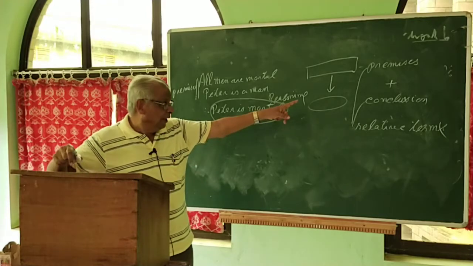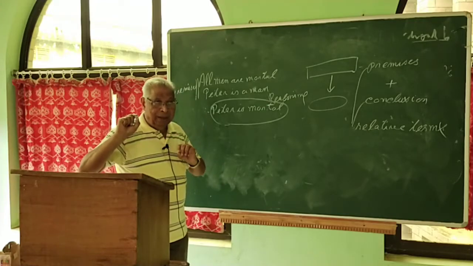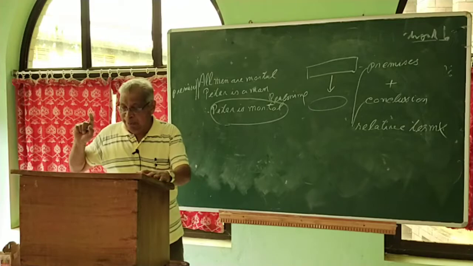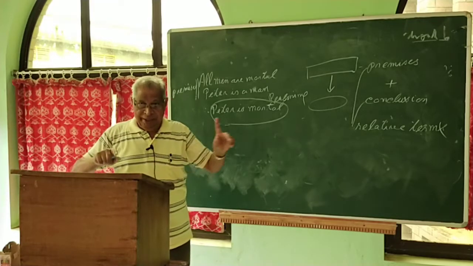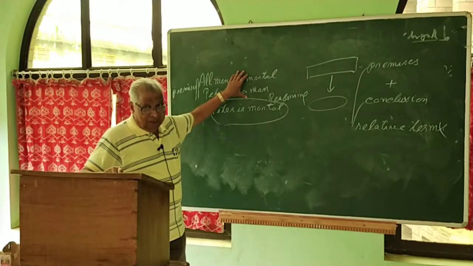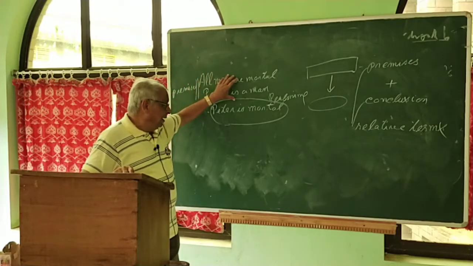So also here, if I simply give you the sentence, Peter is mortal, what is that? You will not be able to answer whether it is a premise or a conclusion. It is a conclusion only in relation to the premises. Insofar as all men are mortal, Peter is a man.